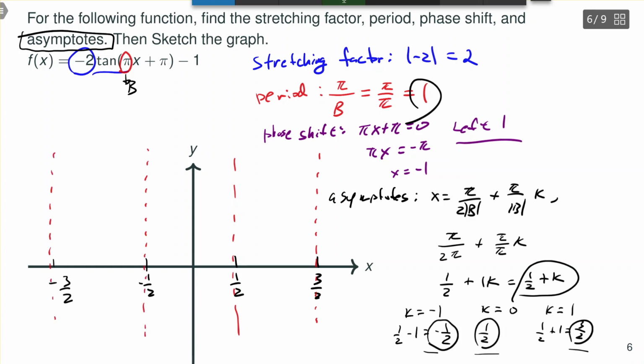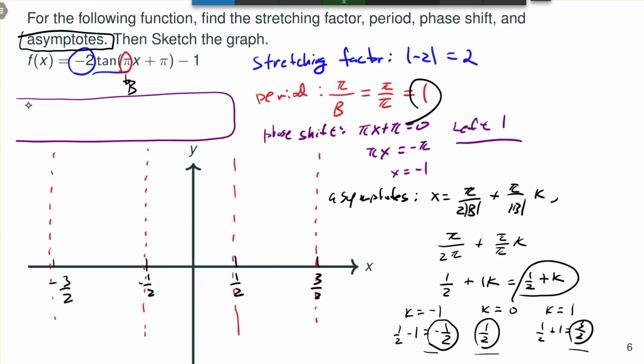Before I sketch, there's another, alternative way of finding asymptotes: just do pi over 2b, which in this case is pi over 2 pi, that is 1/2.